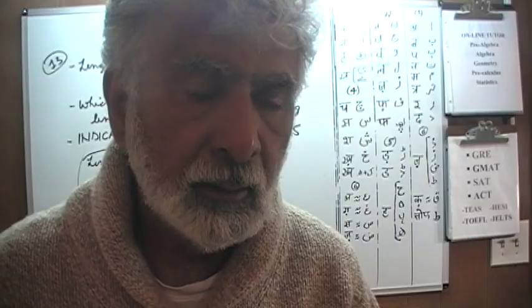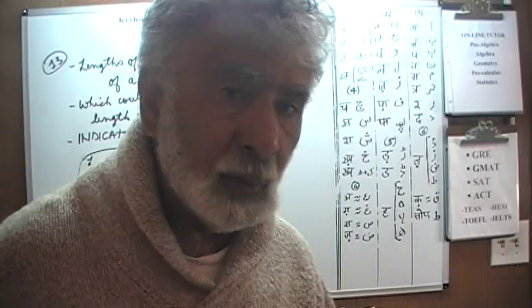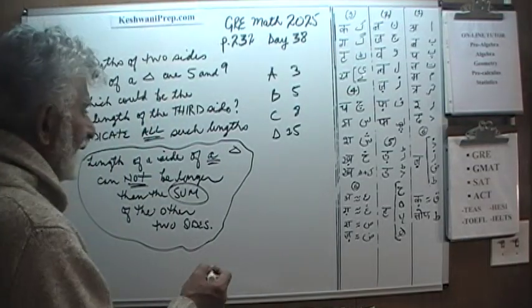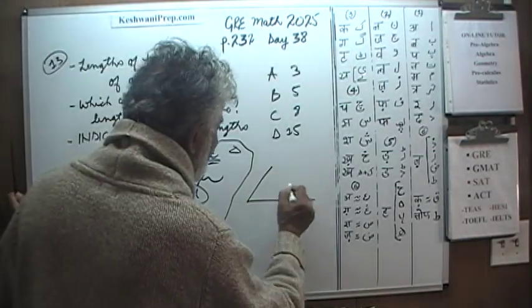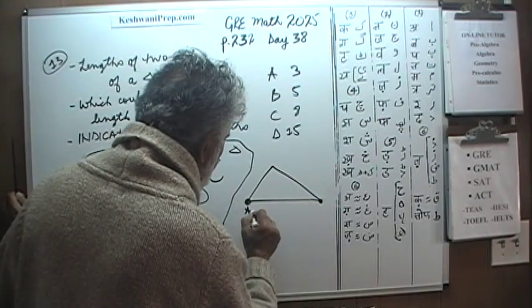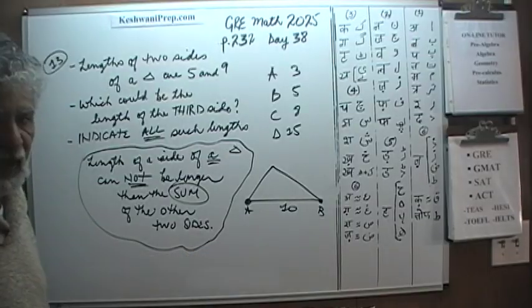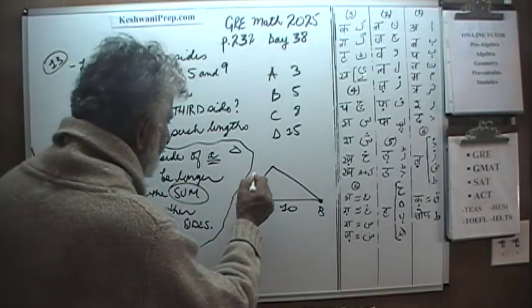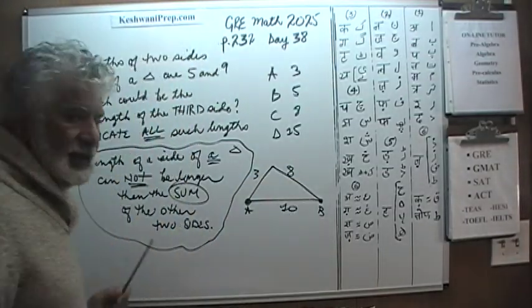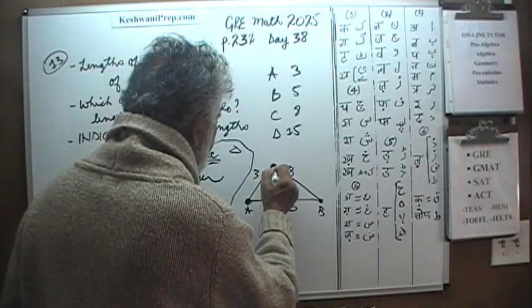Why? What does a triangle represent? Any triangle, as I keep repeating like a parrot. Because the triangle represents an indirect route to somewhere else. If I want to go from town A to town B, and I tell you the direct route is 10 miles, then how could it be 3 and 8?